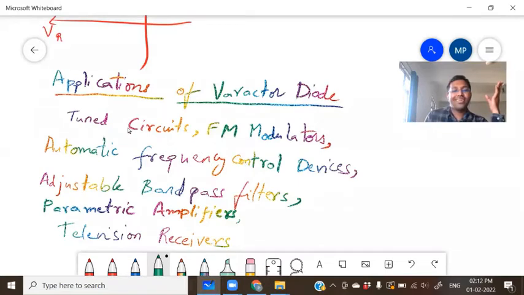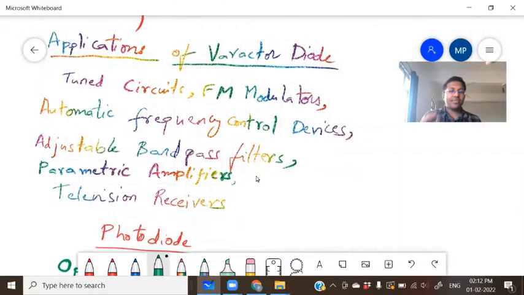So all this because you can tune the capacitance based on the voltage. If you are able to tune the capacitance, you know impedance of a capacitor is 1 by j omega c, or 1 by j 2 pi fc. Frequency is involved, so you are able to control the frequency at which your circuit operates, right?